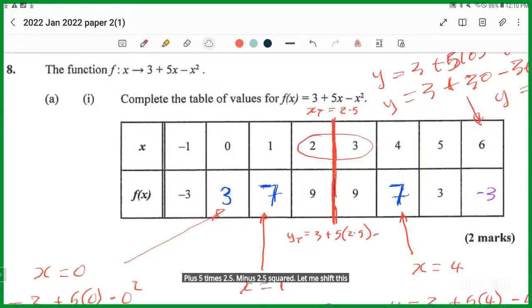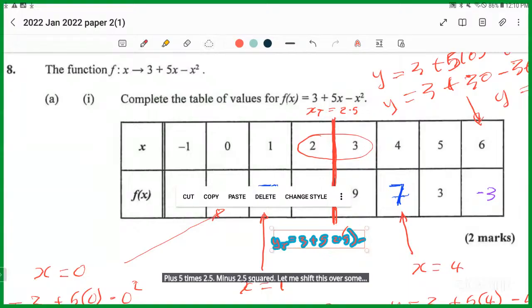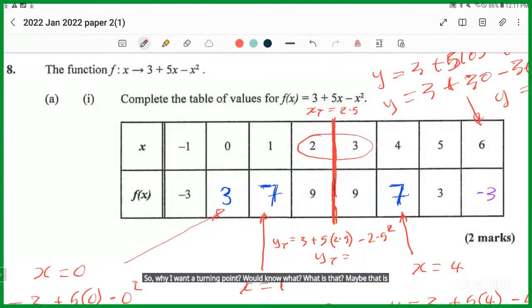Let me shift this over some. So the y value at the turning point will do what? Maybe that is 9.25.